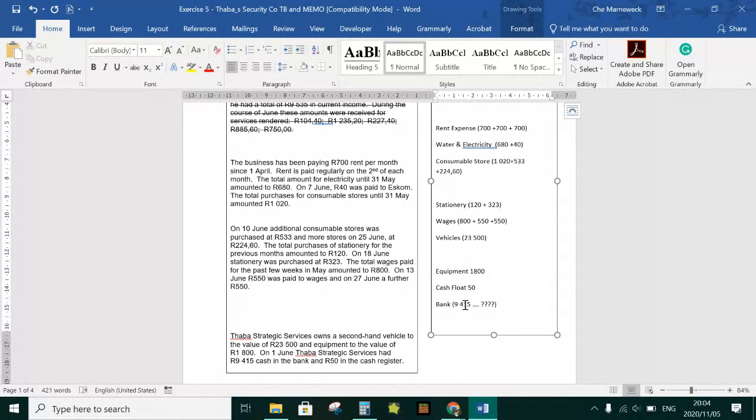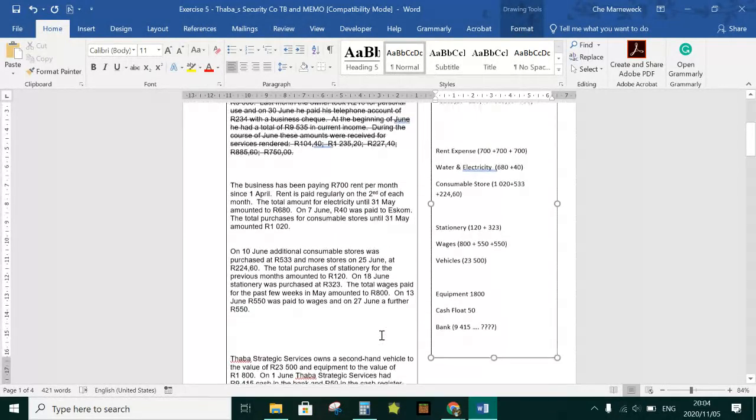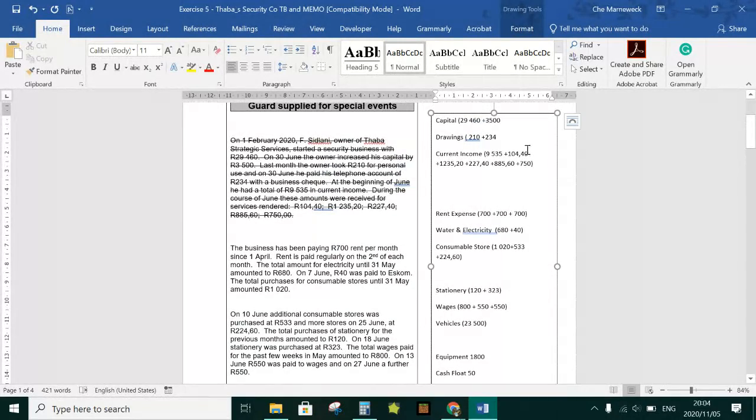So we've got all of our accounts. We now need to work out the order of our accounts. Capital is B1. Drawings is B2. Land and buildings would be next, but we don't have land and buildings, so I just move all the accounts up. There's vehicles, so that can be B3. Equipment, B4. Bank would be B5.